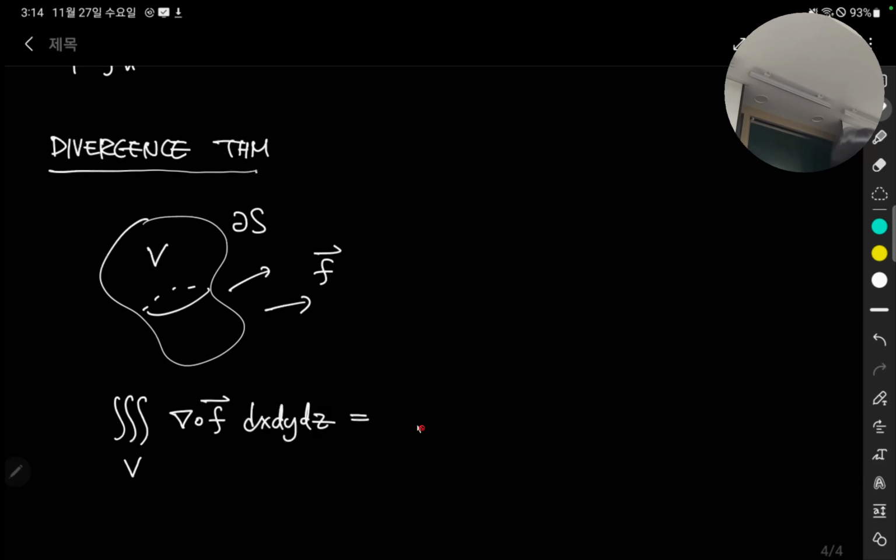The divergence theorem says that it is the same as the surface integration of the vector field over the boundary of this volume. I put a circle around this double integral. It means that the surface I'm integrating over is a closed surface, which means it has no boundary.